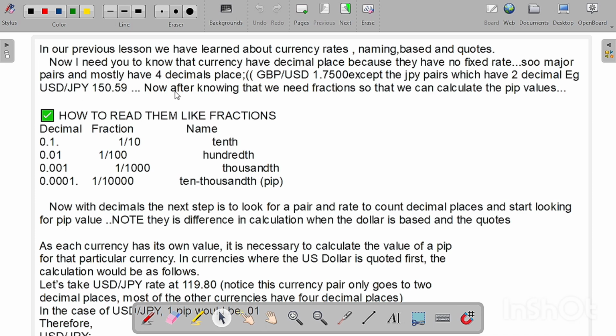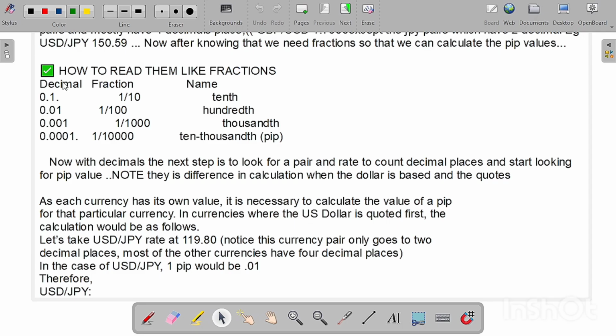Now, after knowing that, we need fractions so that we can calculate the pip value. So let's go on. How to read them like fractions. You can see a little example here. In this model of CFD, a lot of things have been simplified.